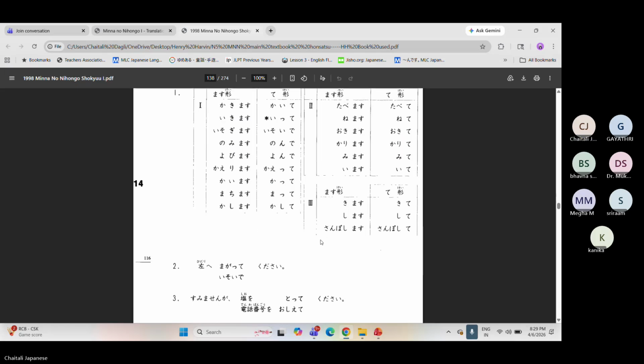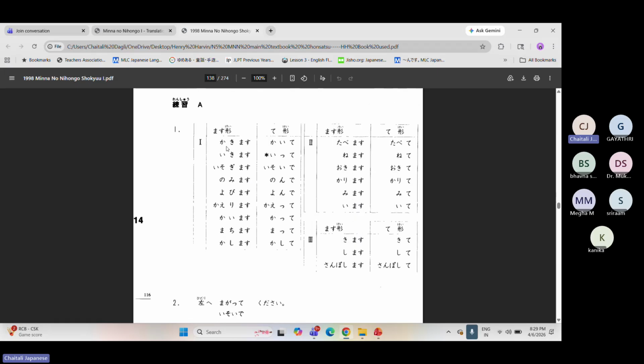So let us come to chapter number 14, page number 116 of your textbook. I'm going to give you guys 5 minutes. I want you to go through this chart, and if you feel that you have not understood anything from the chart, please just ask me.